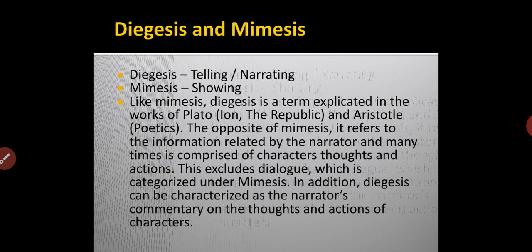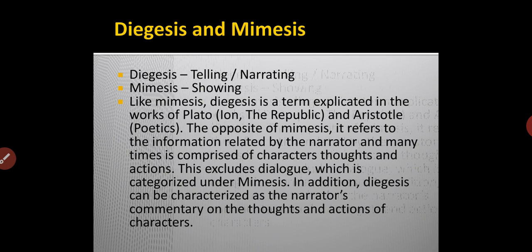Like mimesis, diegesis is a term explicated in the works of Plato, Ion, and the Republic, and Aristotle's Poetics. The opposite of mimesis, it refers to the information related by the narrator, and many times is comprised of characters' thoughts and actions. This excludes dialogue, which is categorized under mimesis.